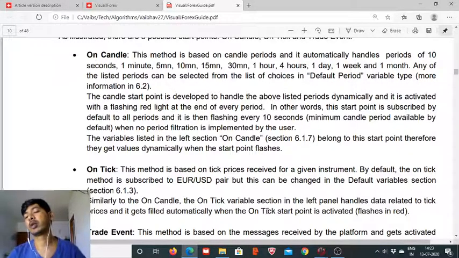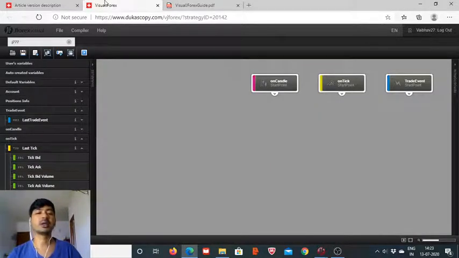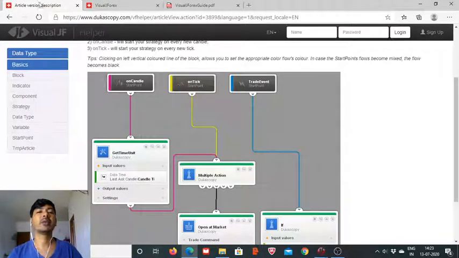So you can use all these variables, and all you have to do to use them is simply use the on tick as the start point, and whenever it is activated, we will have the data values replaced. You can say it will be getting fresh values with every tick. So that is going to make our algorithm's functions a tad more efficient than the start point of on candle.